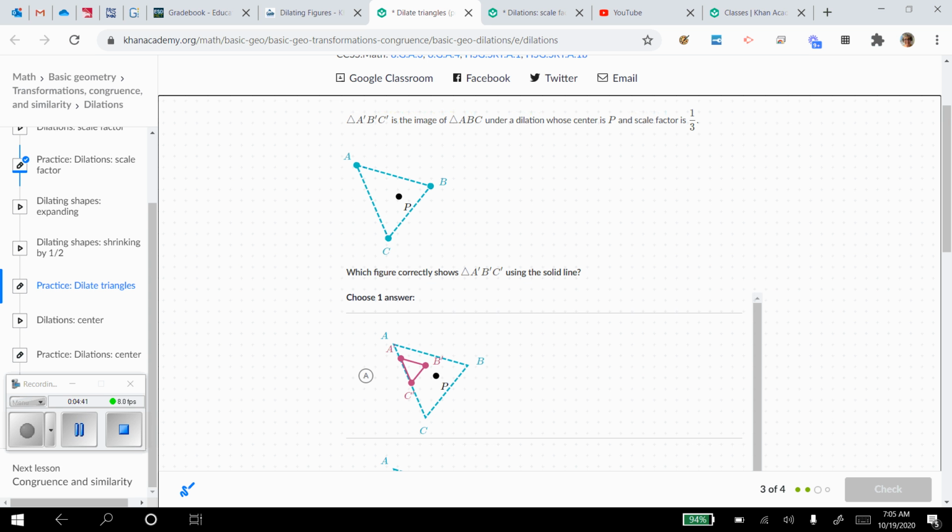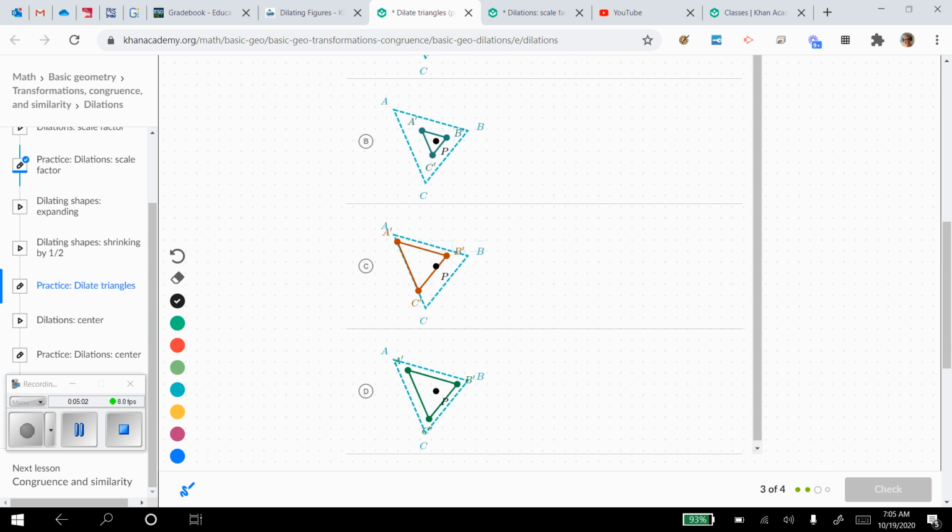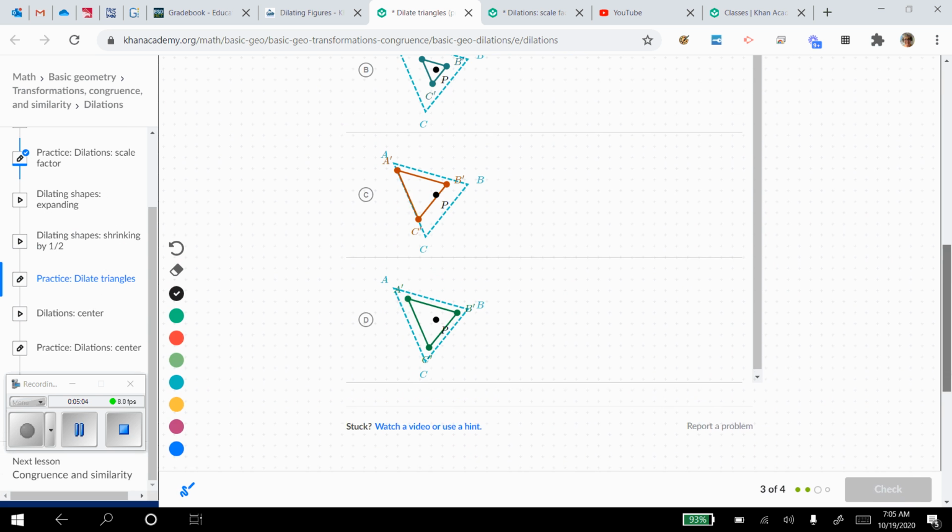Okay, A prime, B prime, C prime is the image of triangle ABC under a dilation whose center is P and scale factor is 1/3. Which figure correctly shows A prime, B prime, C prime using the solid line? Okay, so we've got our original picture up here. And all of our answer choices, I'm guessing, will have that same blue picture in them, all of them labeled ABC.